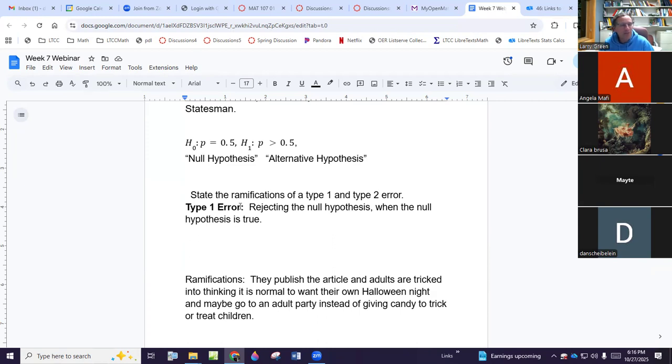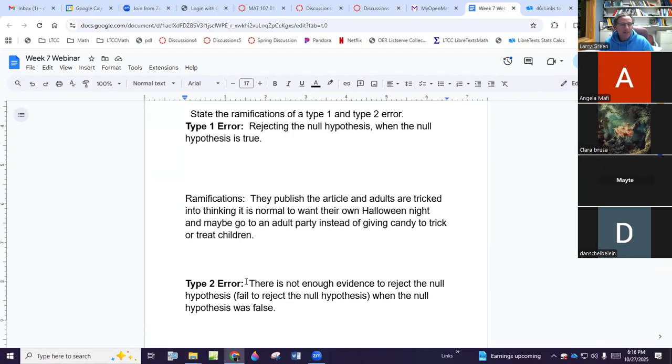Okay, that's a type 1 error. Type 2 error is there's not enough evidence to reject the null hypothesis. We also call that fail to reject the null hypothesis. But the null hypothesis wasn't true. The alternative hypothesis was true. Okay. I do want to note that when you're doing statistics, you can end up saying, yeah, I was right.